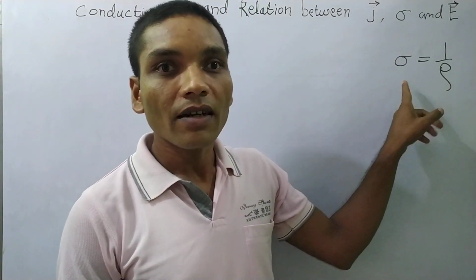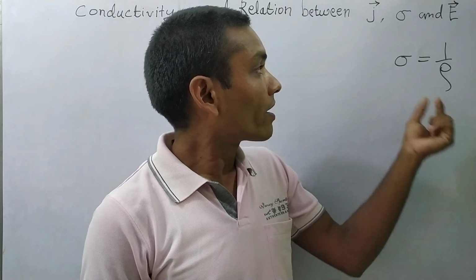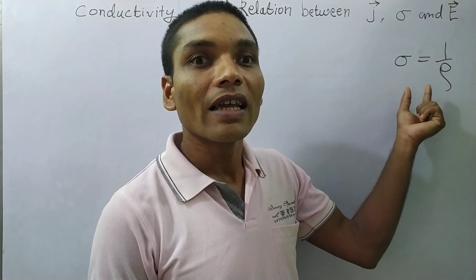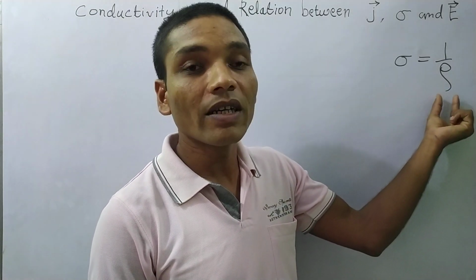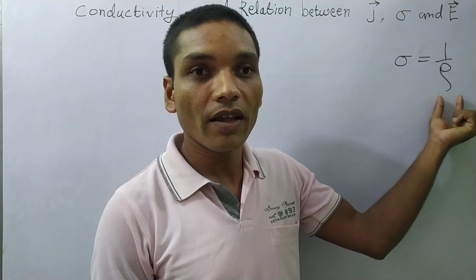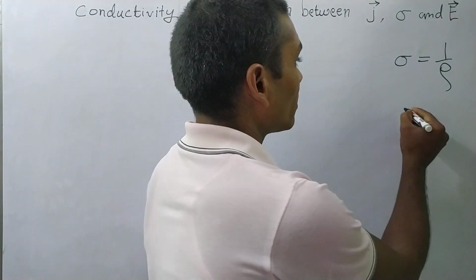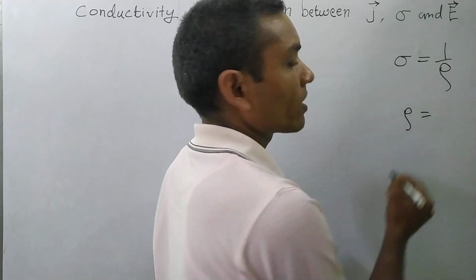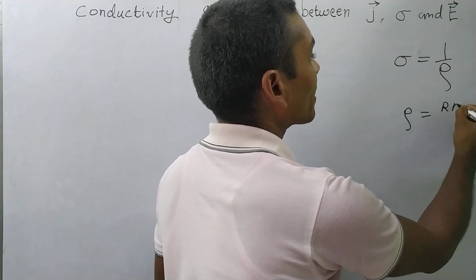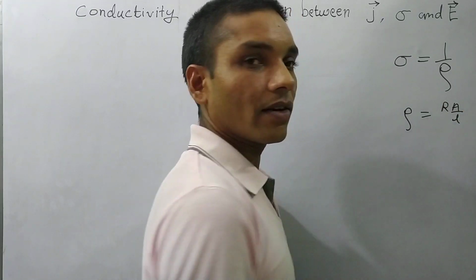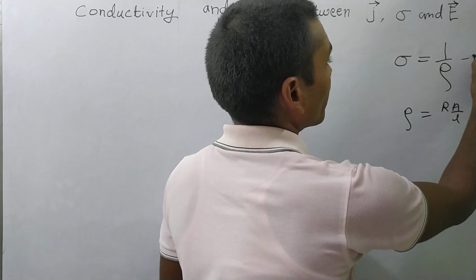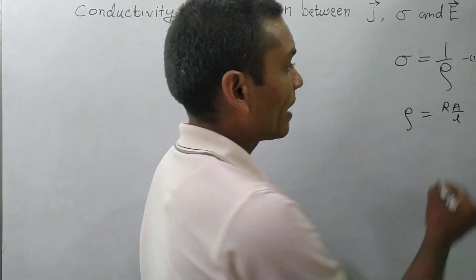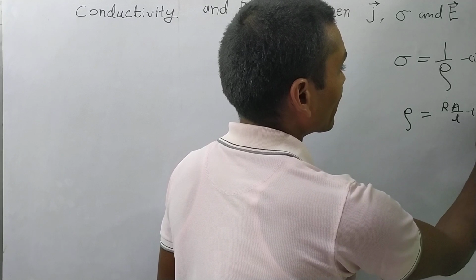We know that the formula of resistivity is rho equal to RA upon L. This is the first equation and this is the second equation.